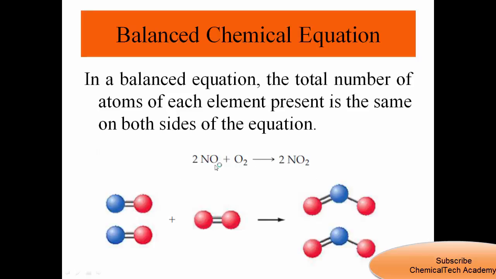So whatever you see in the left hand side of any equation, we call it a reactant, and on the right hand side we call it a product. So it means that during the reaction, reactants are consumed and the products are produced or formed. So on one hand we have consumption or usage, on the right hand side we have production or formation.